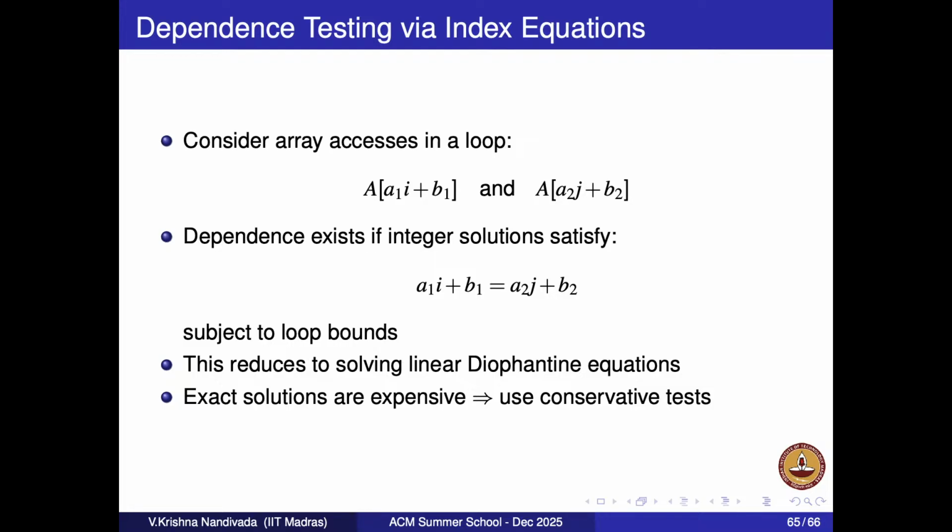We solved this equation and found the value of I1 equal to 2, I2 equal to the same. Okay, so this means they have an intra-iteration dependence. This means they have a same iteration dependence. Is it possible that I have a solution for I1 not equal to I2?